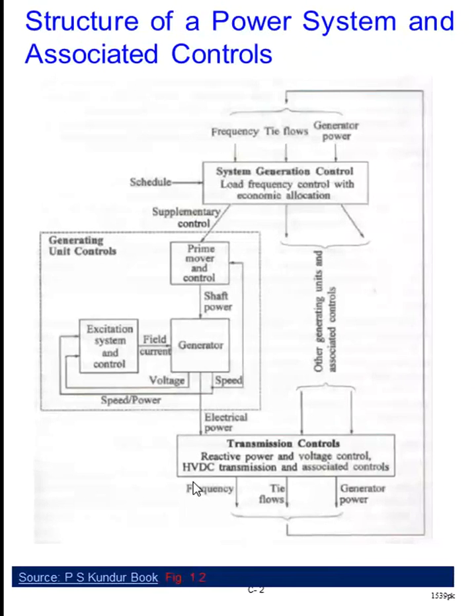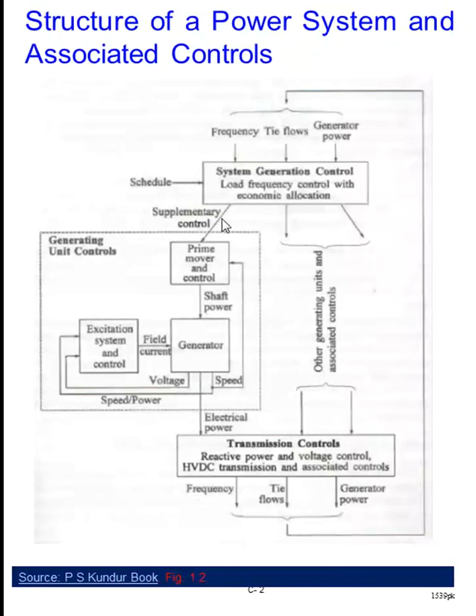Because the system is interconnected, you have the frequency information and the tie line power flow in the system. With that information, it is possible to apply a supplementary control.